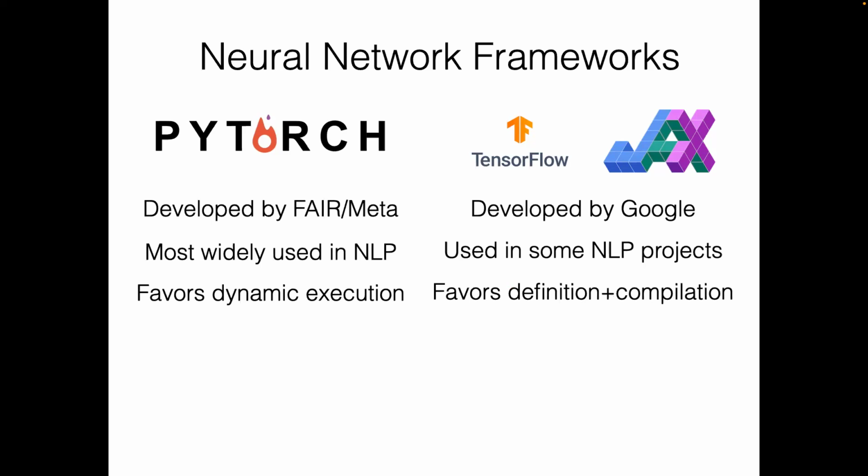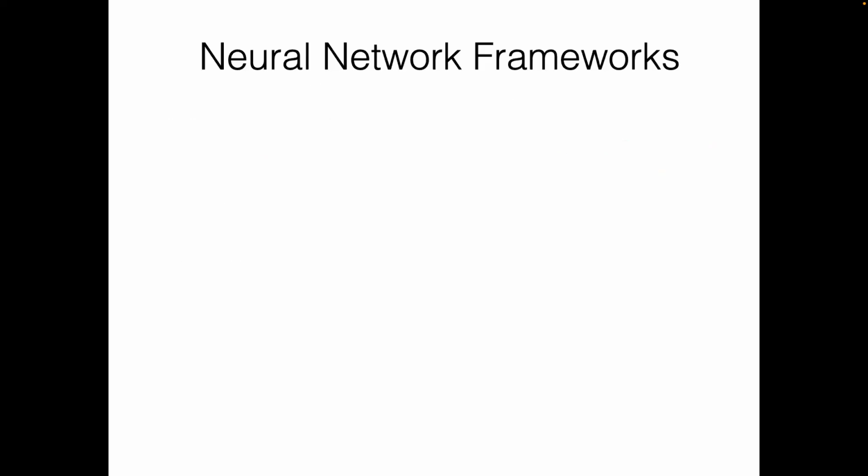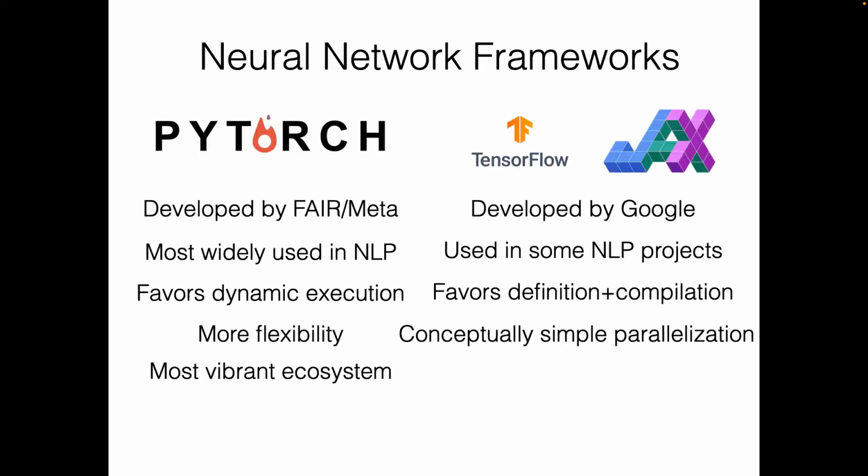At the time, we didn't really have that; you'd have to declare the graph upfront. If you declare the graph upfront, then you can compile it and optimize it and things like that. The dynamic approach can be more flexible; you can even put in debug statements. And this was the opinionated part: the most vibrant ecosystem is around PyTorch. And I guess your first homework will be in PyTorch.